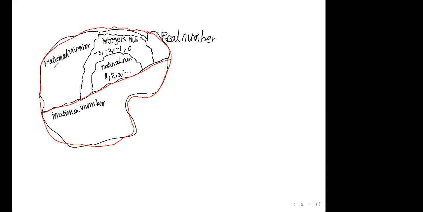They are inside the set of rational numbers, anything that looks like A over B. For example, 1/2, 1/3, and number 1 is a rational number. -2 is a rational number. 1/4. Irrational numbers are like square root of 2, and like pi, pi over 2, or 1 over square root of 2.